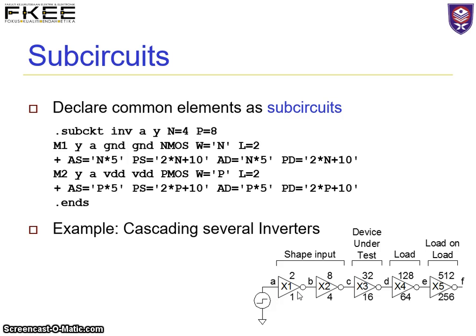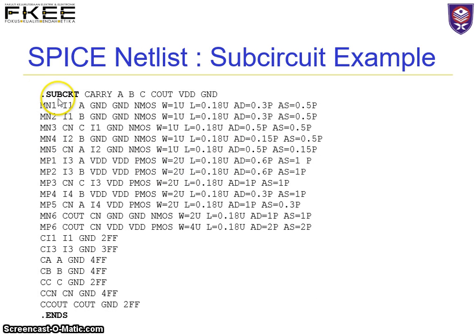Actually, you don't have to write this. You just draw the circuit in the schematic editor, and this will be translated into the netlist. Another example of a netlist, sub-circuit carry with inputs A, B, C and output C out. This is actually the sub-circuit of a carry out for a full adder.